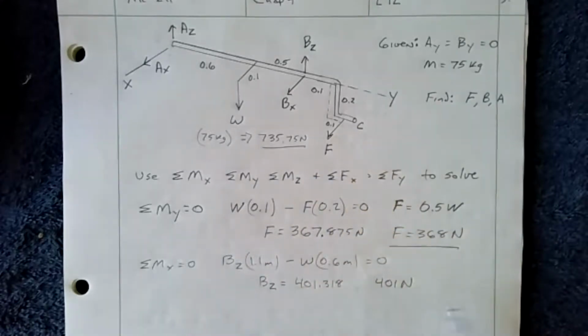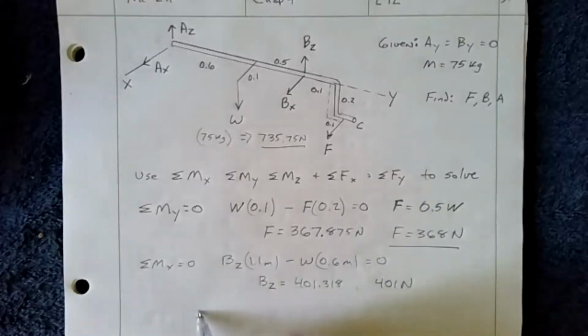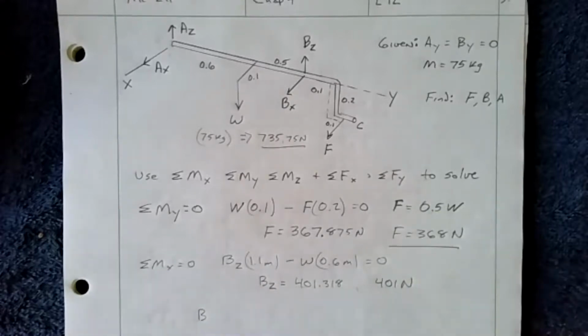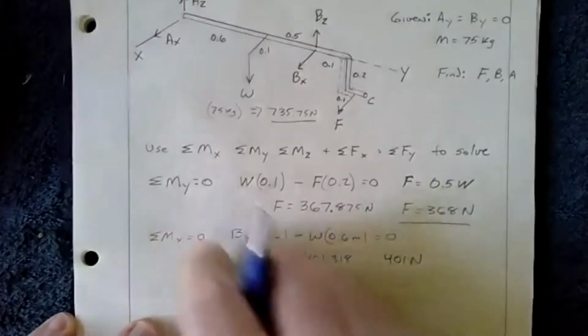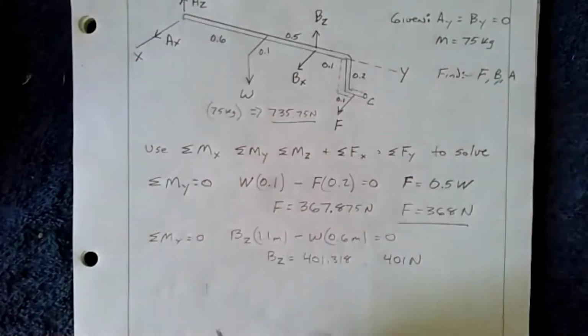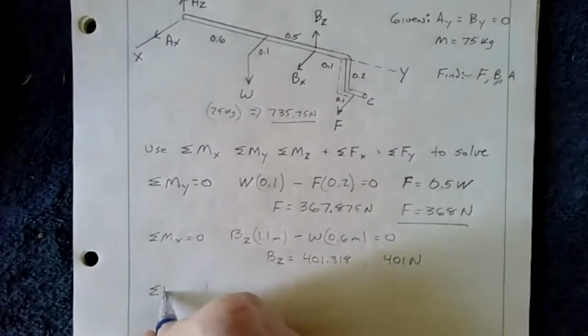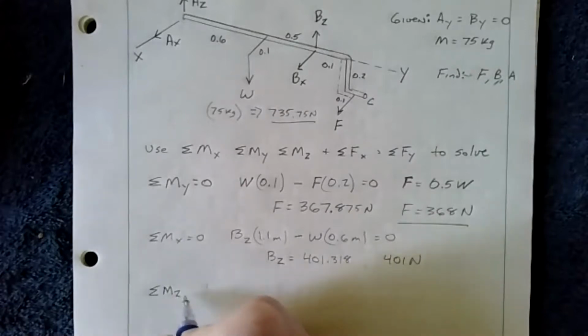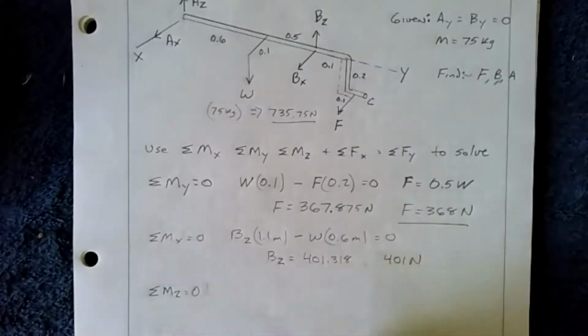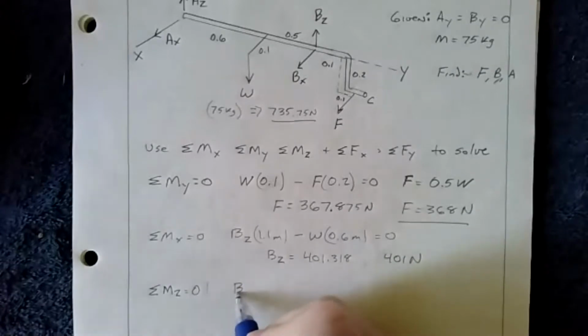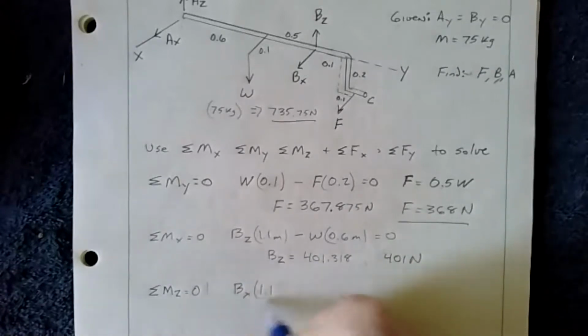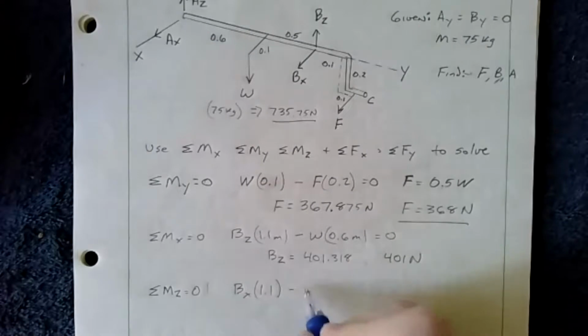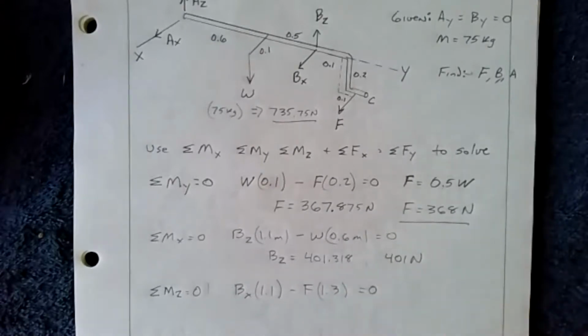So if we write BX, assuming it's negative, sum the moments about the Z equals 0, and that's going to be BX times 1.1 minus F times 1.3 equals 0.